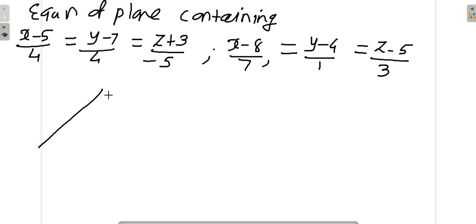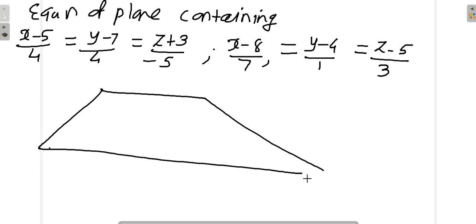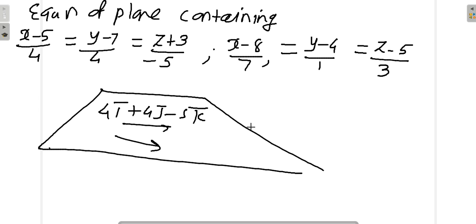So, I have one vector 4i plus 4j minus 5k. It lies on the line. And the second vector, that is this one, 7i plus j plus 3k, also lies on the plane.